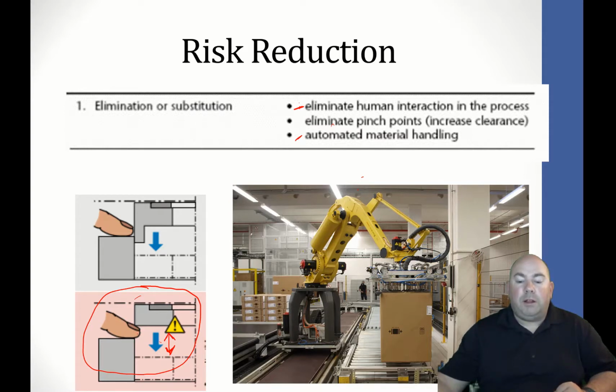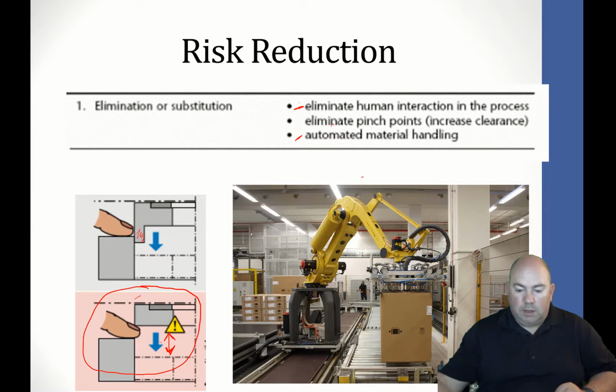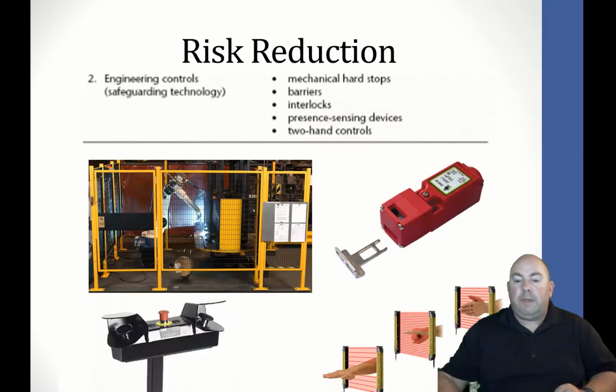So if we can eliminate that pinch point, like for example, if we can just add this little piece right here, if we can add this in here, then it's impossible to get your finger stuck in there. Okay, so that is just an elimination through design, just designing out and eliminating a possible pinch point. Okay, so these would all be examples of elimination or substitution.